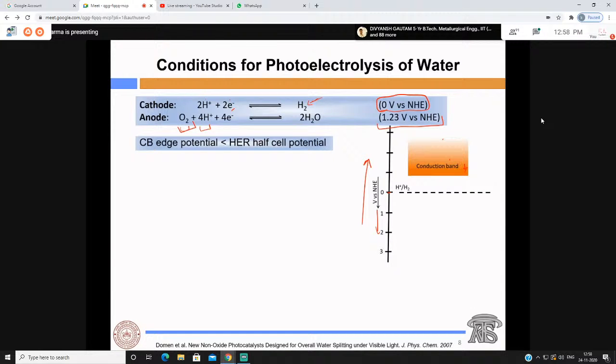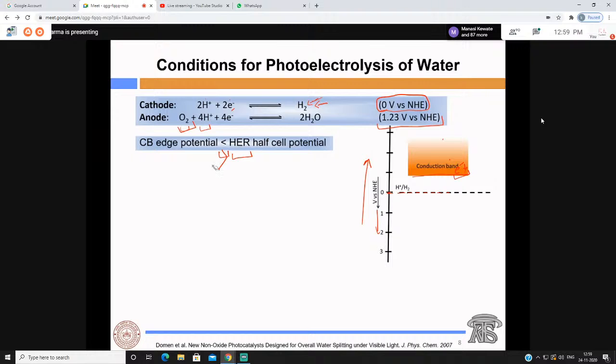The electron from the conduction band will participate in this reaction to produce hydrogen. That is, its electronic energy should be higher than the electronic energy level of the hydrogen reduction potential. That is what is written here: the conduction band edge should be higher than the hydrogen evolution reaction half cell potential. On a voltage scale I have written lesser, however on the electronic energy scale it is greater.